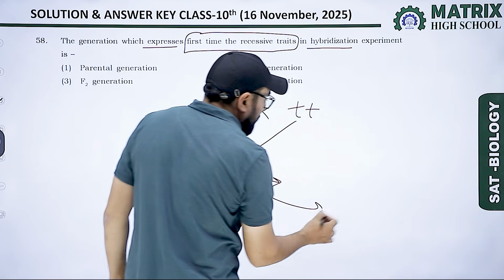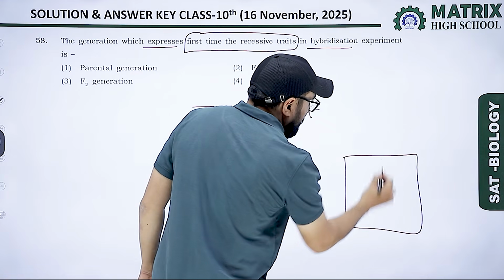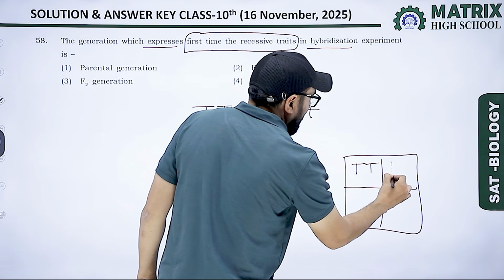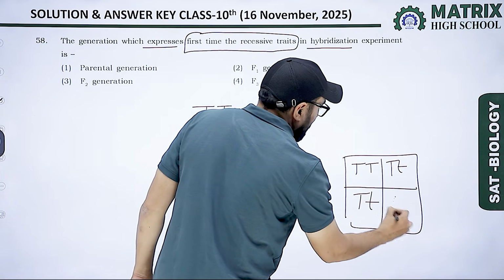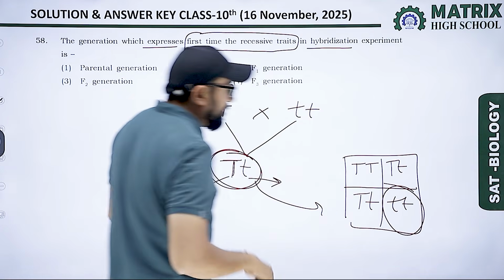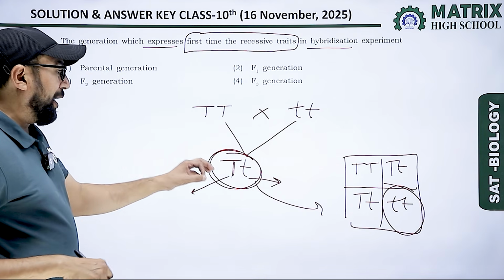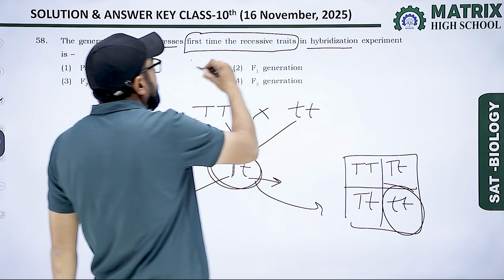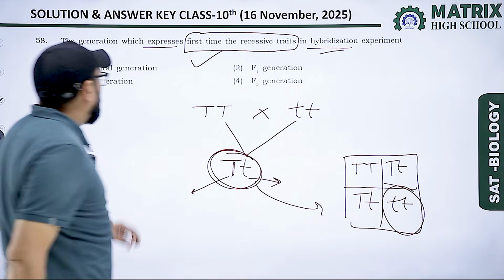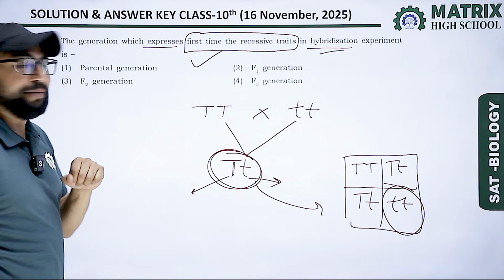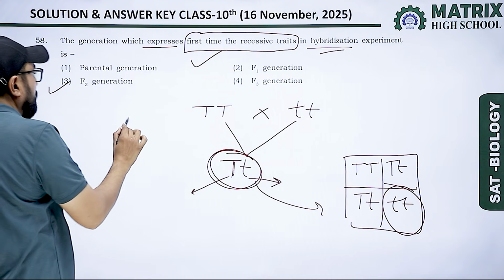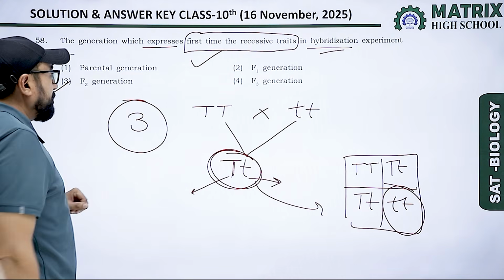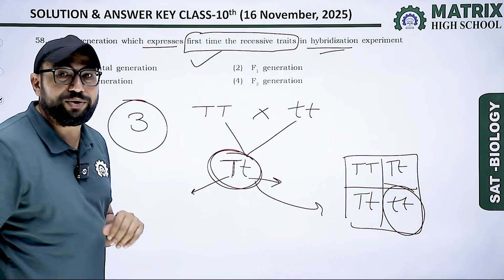But in the F2 generation, capital T, small t, small t, this is recessive. So in the F2 generation, the recessive trait is shown for the first time in a hybridization experiment. So F2, the third option is the correct answer for this question.